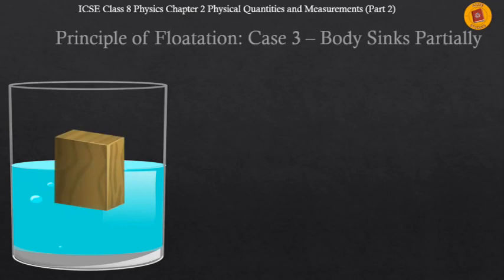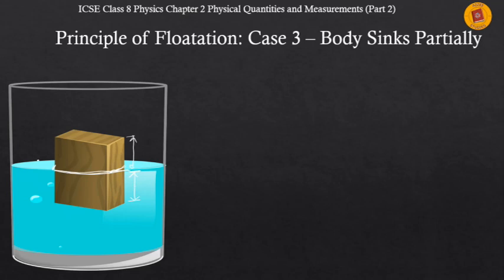Now in the third case, the body sinks partially. That is the thing that we have already discussed actually. For example, this is a wooden block and it floats with this much part above the surface of water, and this much part is below the surface of water, for example.